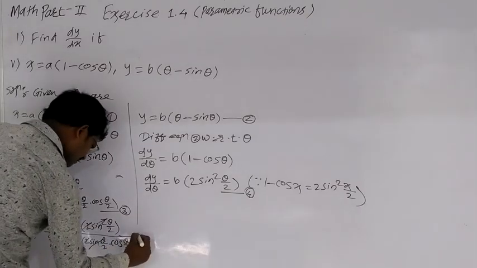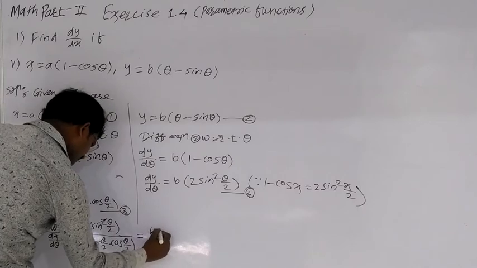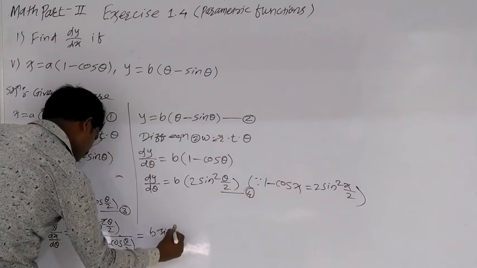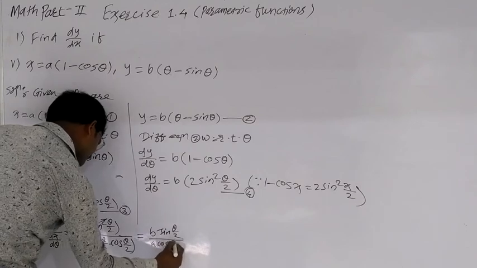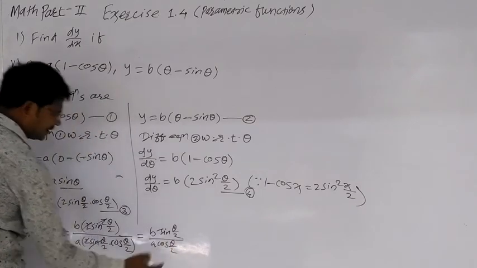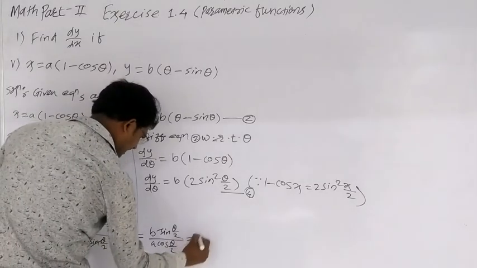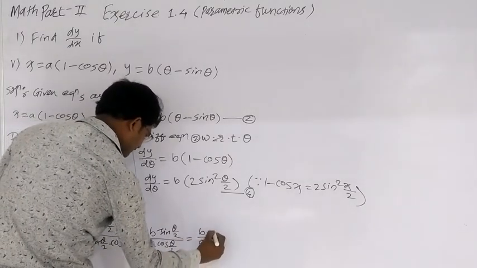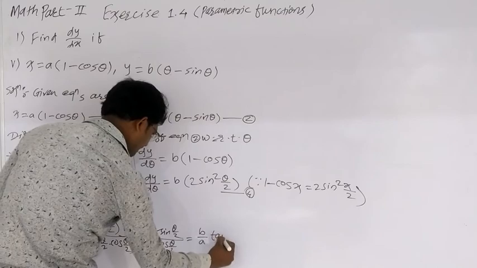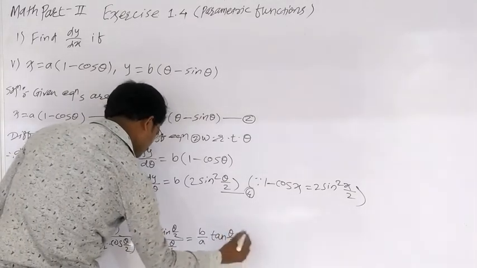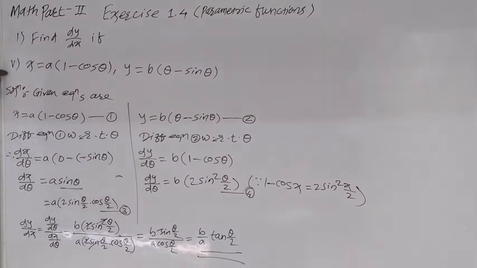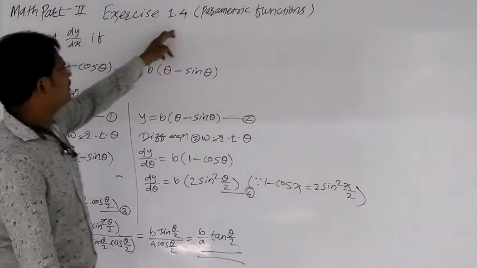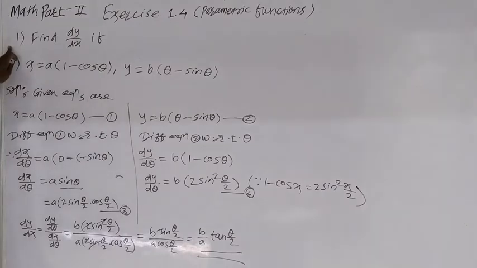So we can write the final answer b sin theta by 2 upon a cos theta by 2. Now sin theta by 2 upon cos theta by 2 means tan theta by 2. That is, the final answer is b upon a tan theta by 2. This is the final answer of problem number 5, exercise 1.4, question first. Find dy by dx.